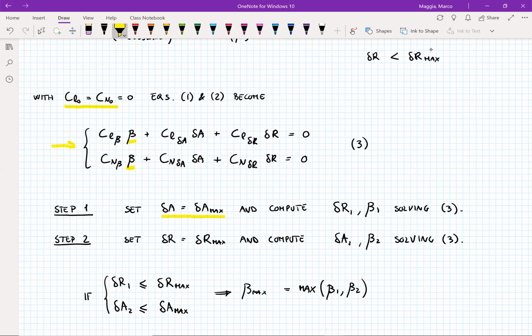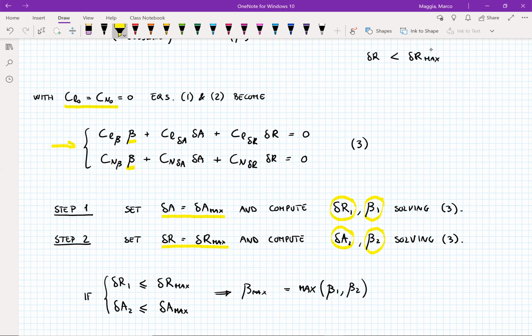You come up with a value for the rudder deflection and a value for the side slip angle. Now repeat the same thing, but now you set the rudder deflection to its maximum value, and compute the aileron deflection and the side slip angle.